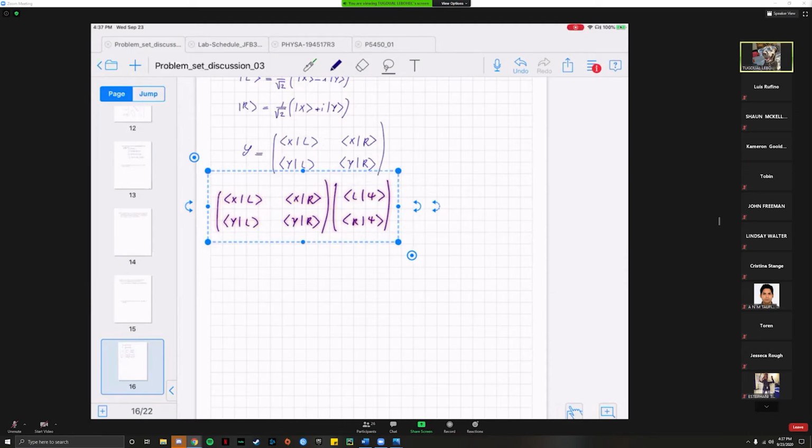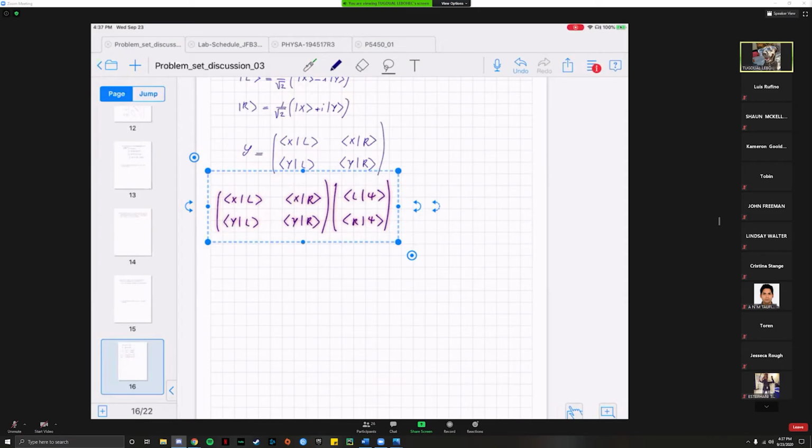And that sentence to me says that we should have kets in the X and Y and the bras in the L and R. And that's where my confusion is coming from. Right. Yeah.